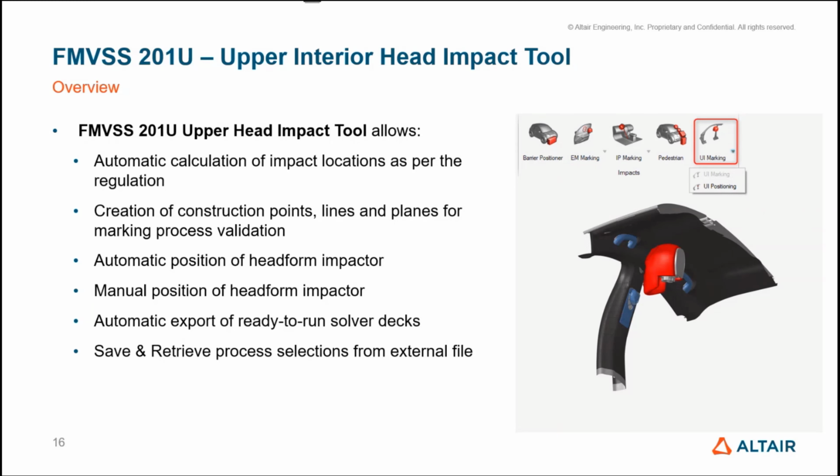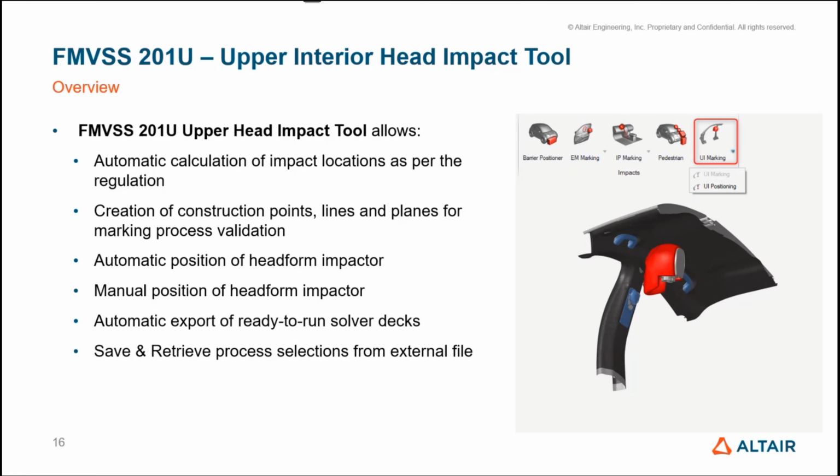Actually, the positioning also is a complex thing for FMVSS 201U, as one needs to position on the forehead impact zone with given horizontal and vertical angles, and also there is a calculation of move back angle. So it is a bit of a complex thing. But with the help of this tool, one can automatically position the head form, and also after the positioning, one can export the complete deck to directly run on the solver.